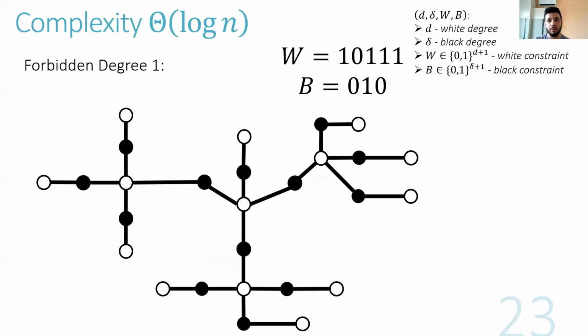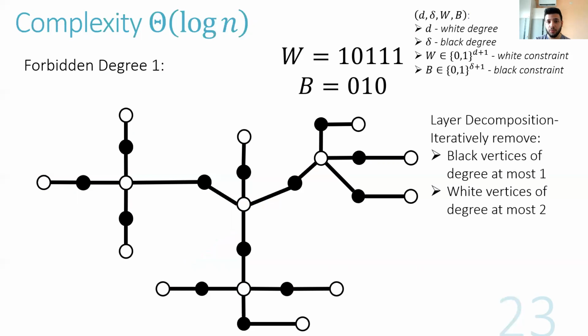And to solve this problem in the local model of computation, one can follow the well-known iterative procedure of layer decomposition, in which we create layers of vertices by iteratively removing black vertices of degree at most 1 and white vertices of degree at most 2.